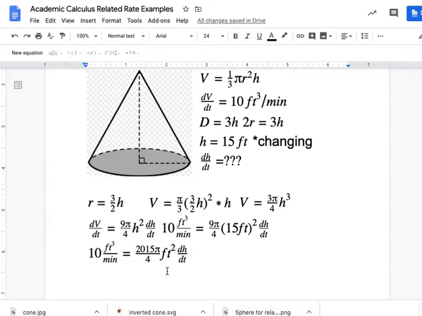Now we're going to solve this, and we'll simply multiply both sides by 4, which will give us 40 feet cubed per minute. And then we're going to divide by 2,025 pi on the other side.